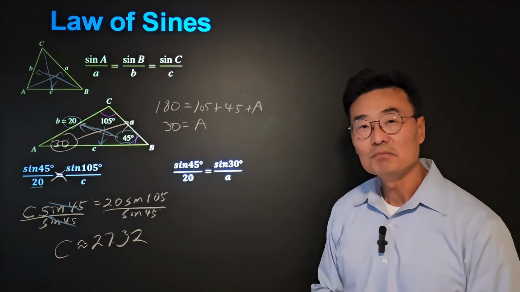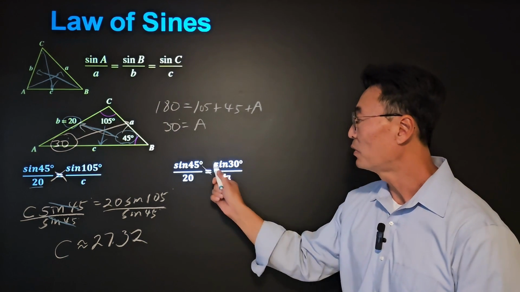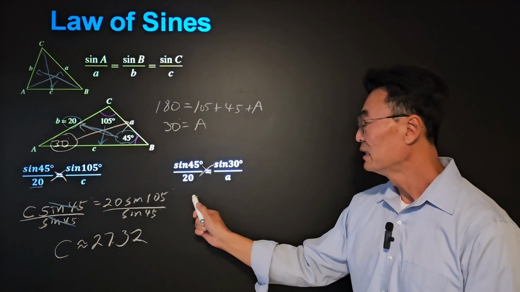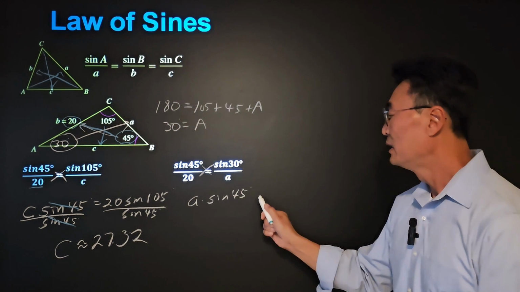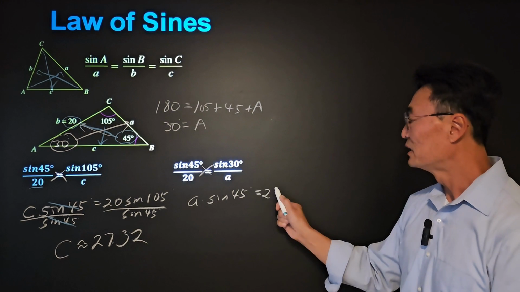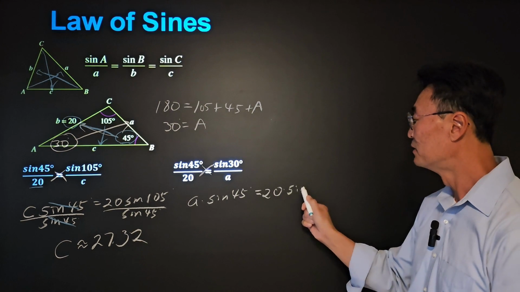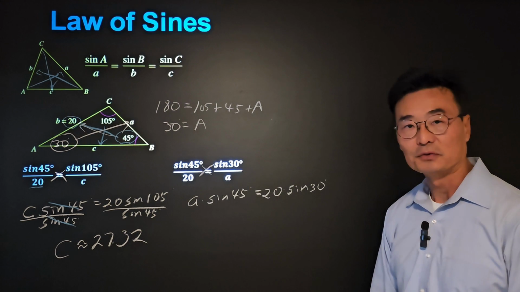To solve for side a, let's cross multiply like we did before, where we get a times sine of 45 equals 20 times sine of 30 degrees.